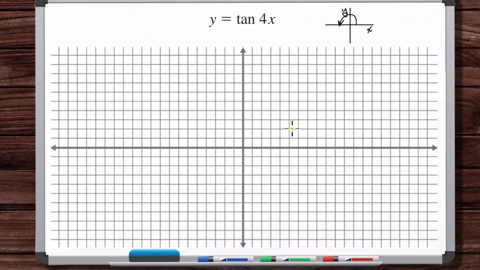But we know the basic shape. So if this is tangent, the untransformed shape of tangent is like this.